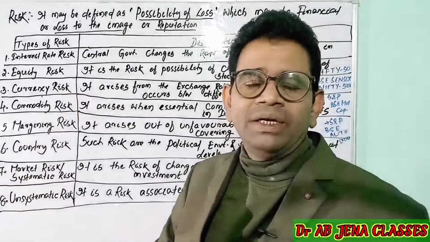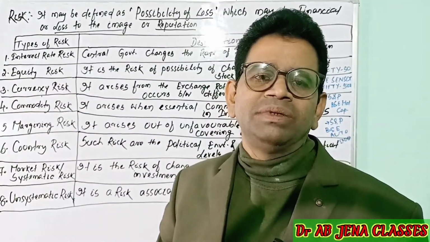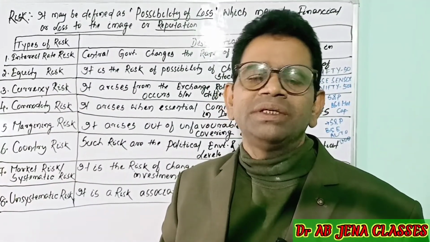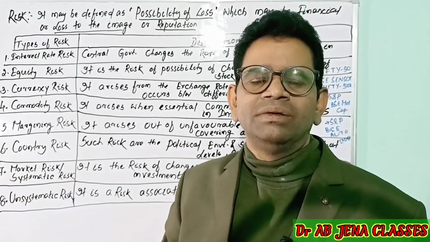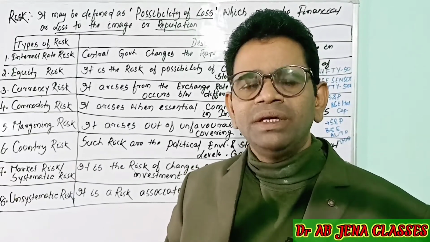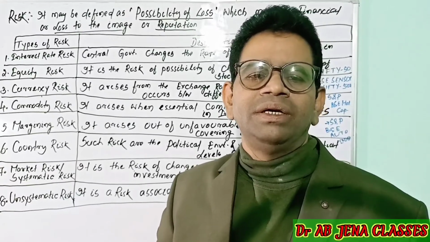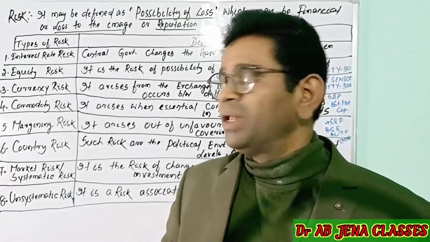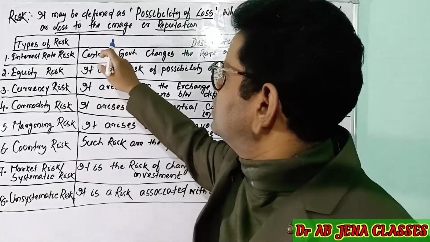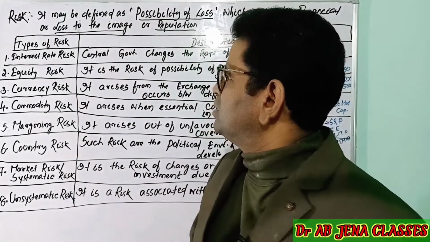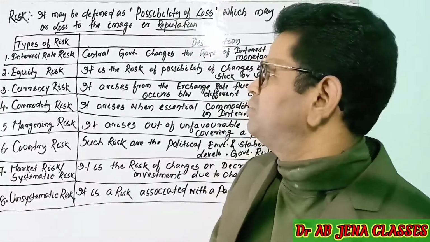After that we will discuss the basic difference between systematic risks and unsystematic risks. Today we will discuss the different types of risks.